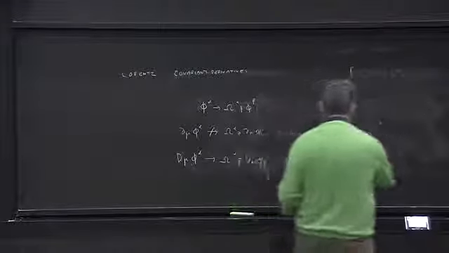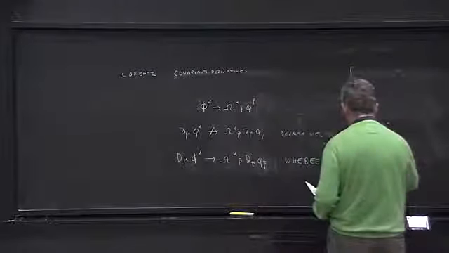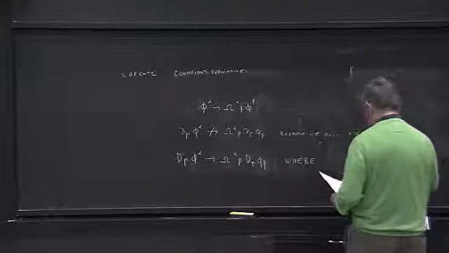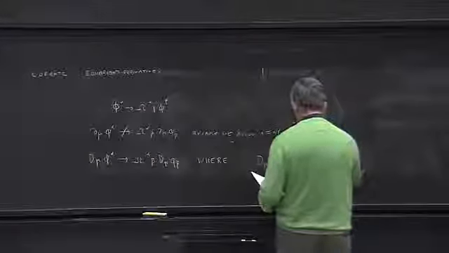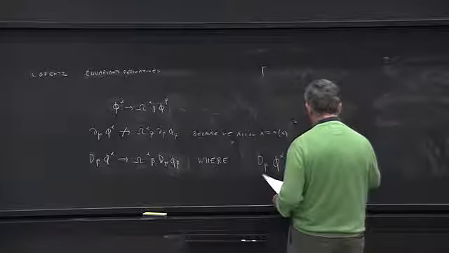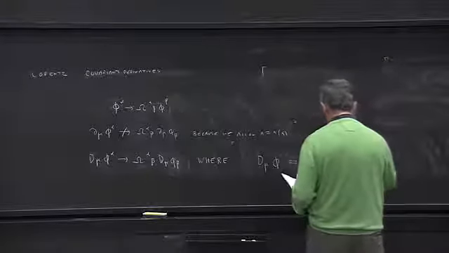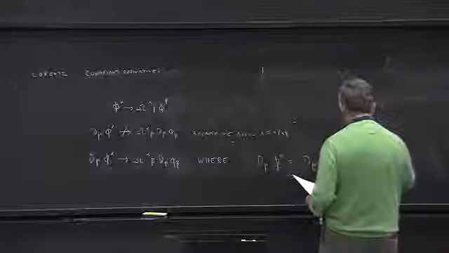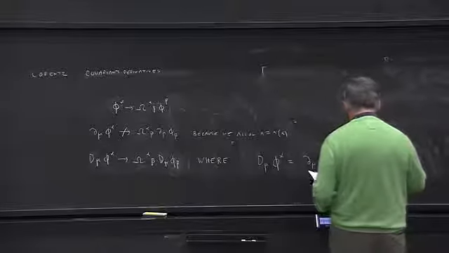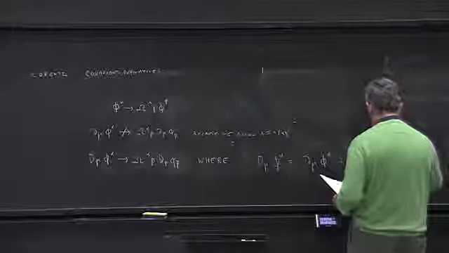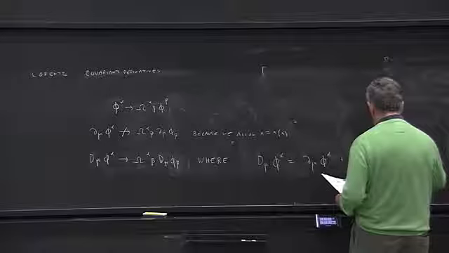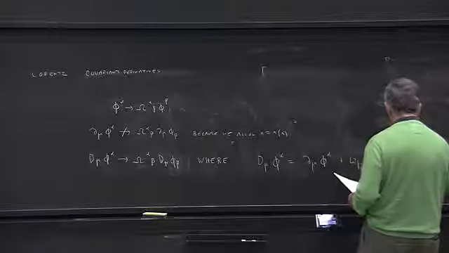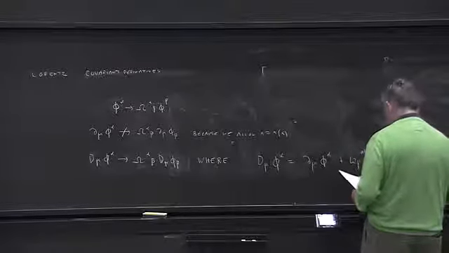Where D mu phi alpha is the ordinary derivative plus omega mu AB sigma AB alpha beta phi beta.